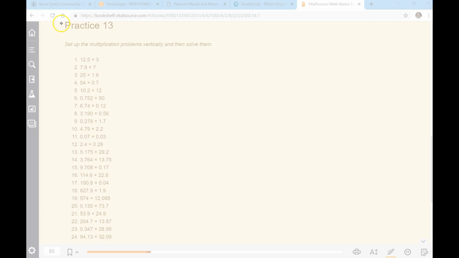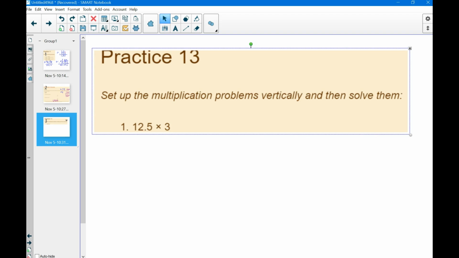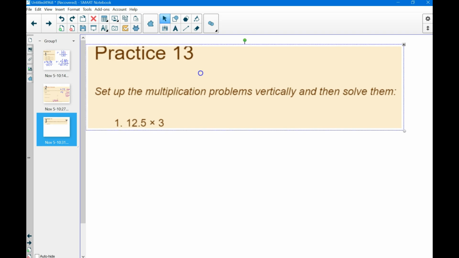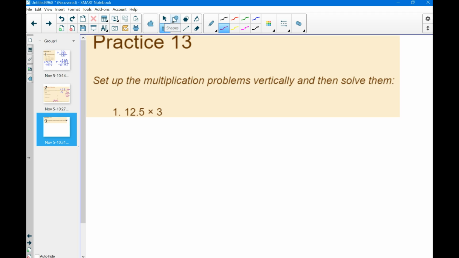This one here. So take this one here, 12.5, multiply by 3. Pretty simple to start off with. So we write these vertically. We have 12.5 multiplied by 3.